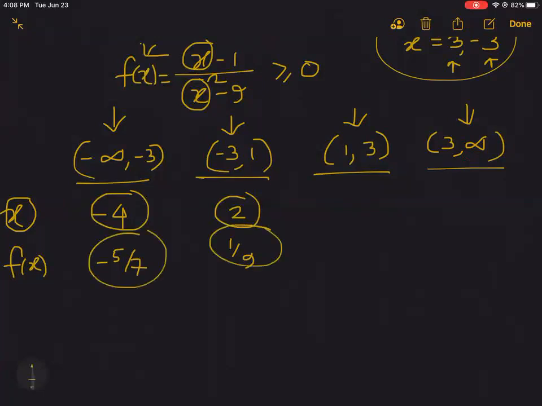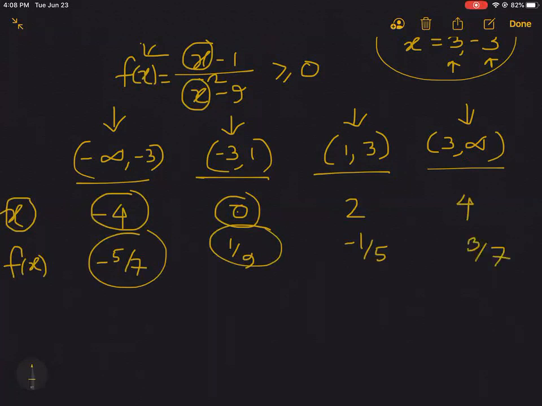If I pick 2, I'll get -1/5. And if I pick, let's say, 4, I'll get 3/7.